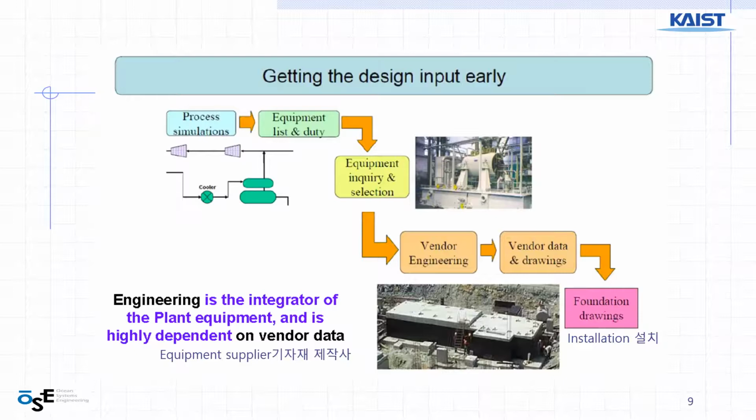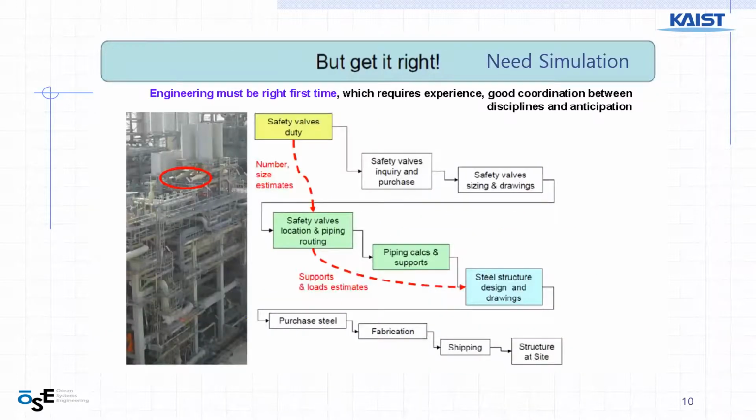So on the left-hand side, they are saying engineering is the integrator of the plant equipment and is highly dependent on vendor data. Vendor is an equipment supplier. Right? Questions? Otherwise, for the concurrent system, you need to have well advanced calculation and simulation or checks.